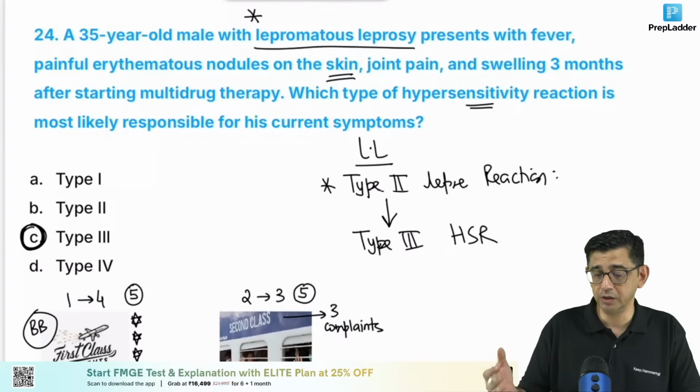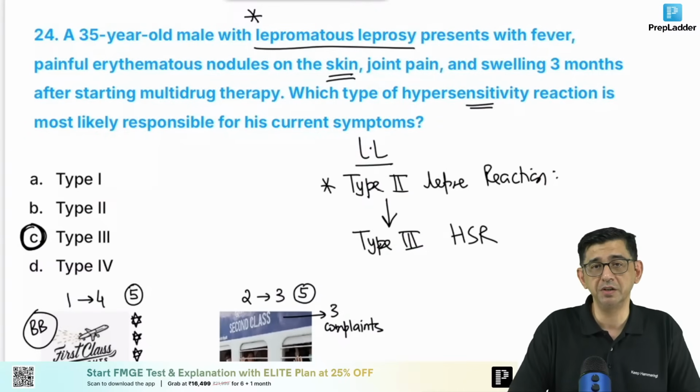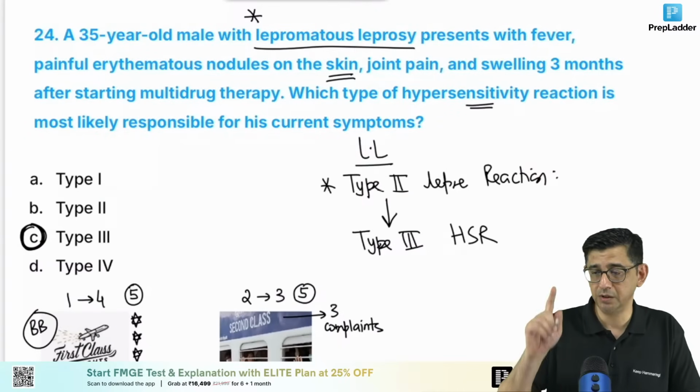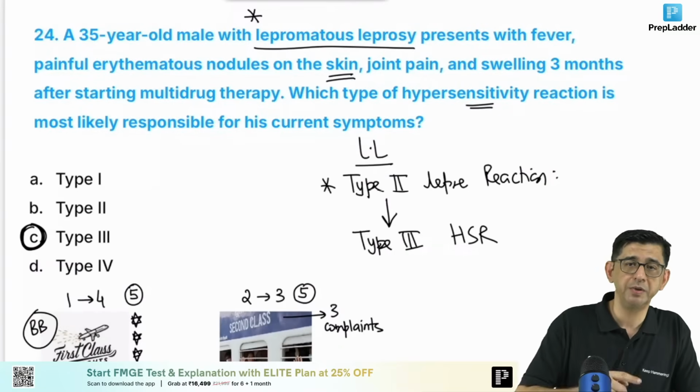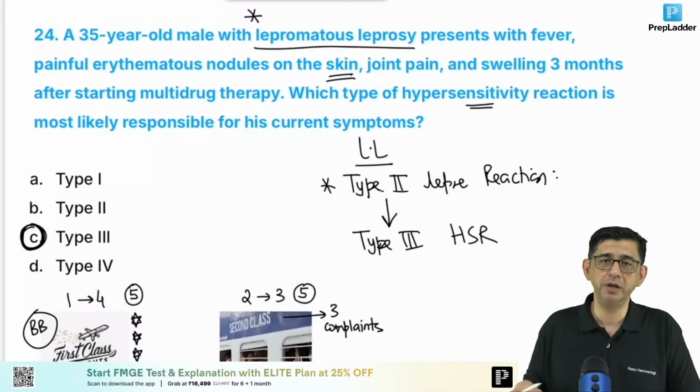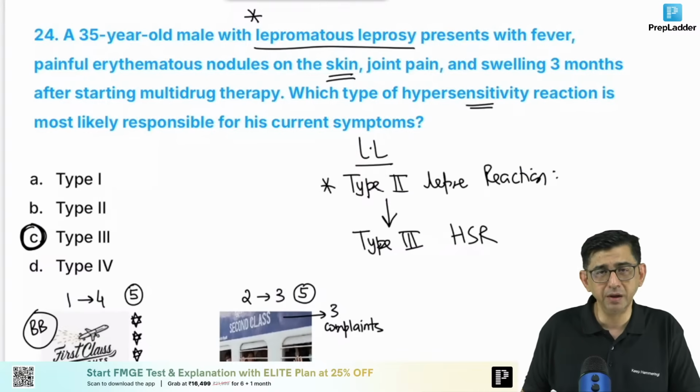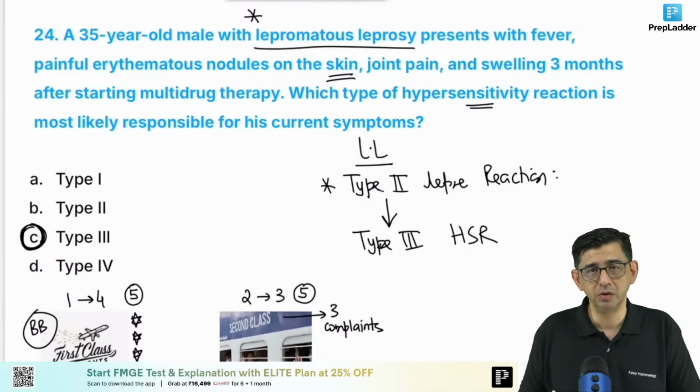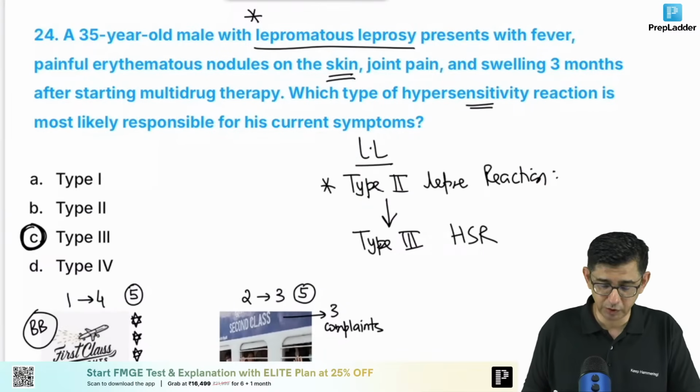That's like skin and joint pain and the manifestations that are seen here. So the pickup point in the question is first read what type of leprosy is given. And once you know what the type of leprosy is, subsequently you can pick up the manifestations also, and then you need to do that mathematical formula and you will be on your way to solve the question. The correct answer in this case is option number C.